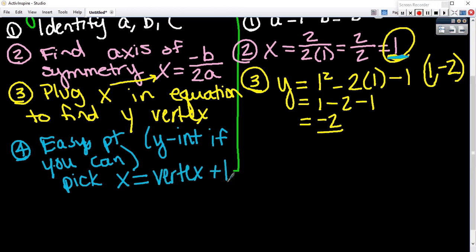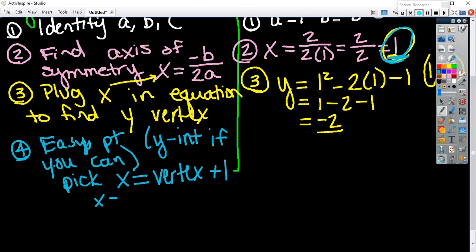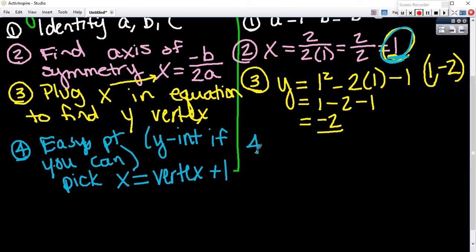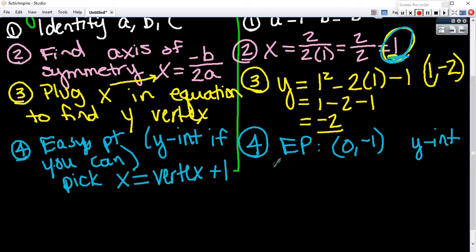So you stay right beside your vertex. So in this case, if my vertex is 1, I could use 2. I'm doing this both ways so that if you encounter one, you can still use this little chart. All right, so for my easy point I could use (0, -1), that's my y-intercept. Or I could use x equals 1. If I have an x, though, how am I going to find the y that goes with it?